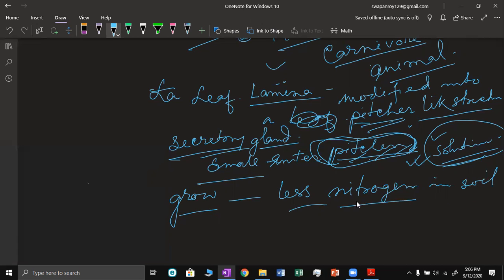Nitrogen is a very important nutrient, an important mineral for every organism. So as they don't get much nitrogenous nutrition from the soil, they have to depend on an animal source.